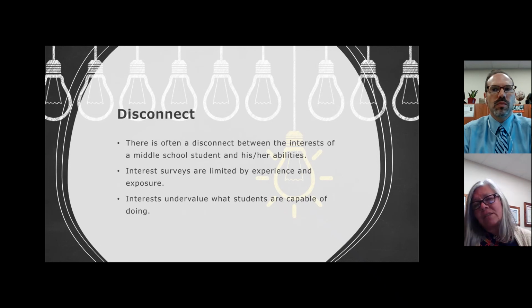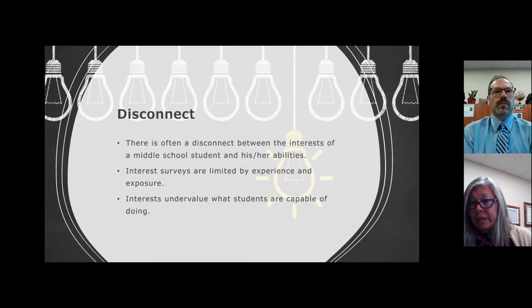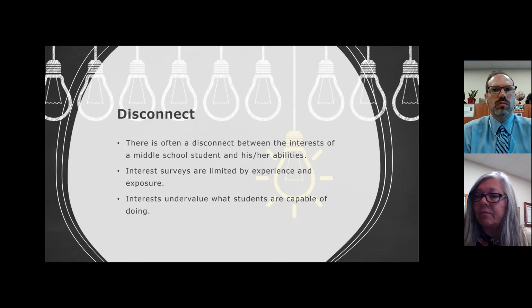Also, interest surveys are limited by experience and exposure. And we know that middle school students have a very limited amount of experience and exposure. So generally, when a middle school student takes an interest survey, they are only interested in careers that they know about.